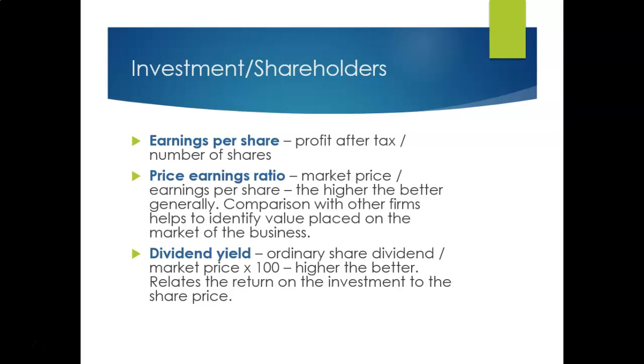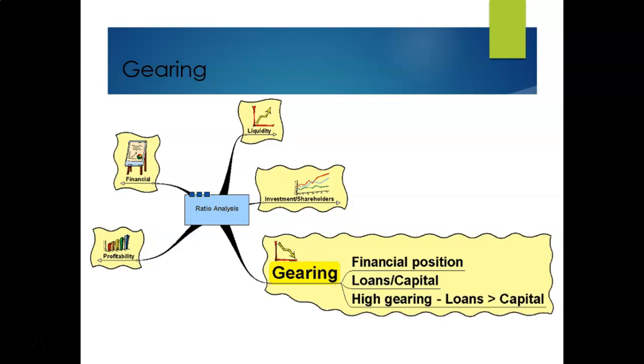One can also calculate dividend yield and the formula goes: ordinary share dividend divided by market price into 100. Higher the better, as it relates to the return on investment of the share. Next type being gearing ratio, for example, loans versus capital.